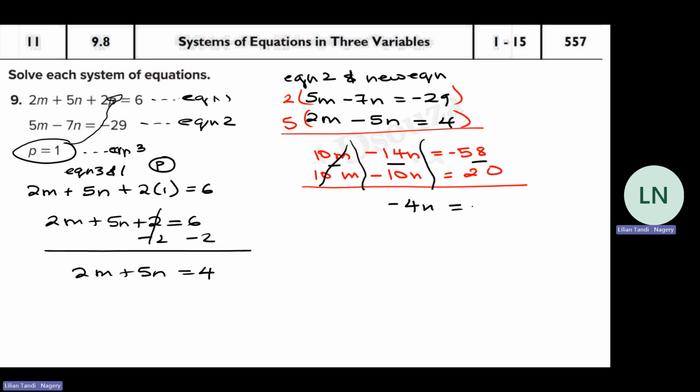And this becomes negative 78. And then if you divide, am I right? If you divide by negative 4, this does not become negative 4, this becomes negative 24.